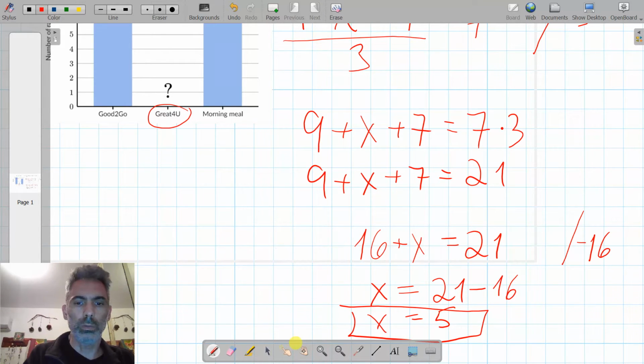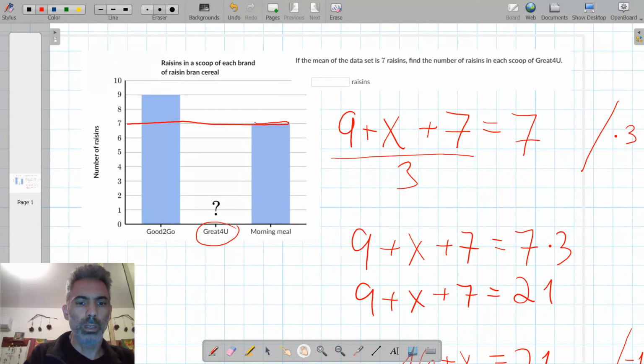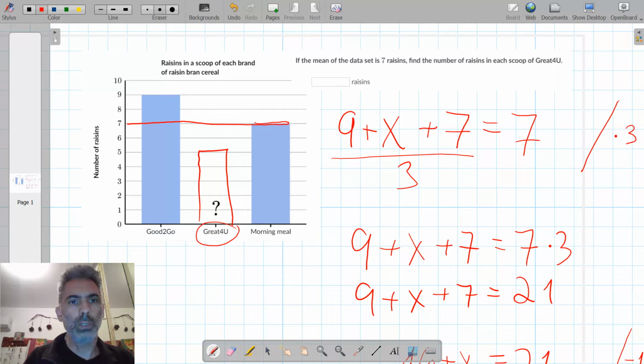Okay, so this means that Great for You has 5 raisins in each scoop. 5 raisins, that's the number here.